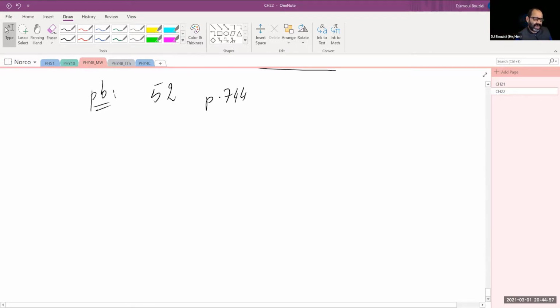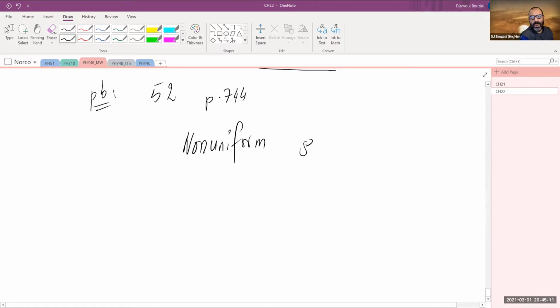Now we need to deal with something that is not a uniform distribution of charge, and this is one of them. That means rho is not constant, or if it's lambda, it's not constant, or if it's sigma, it's not constant. That's what non-uniform means. It's variable, it changes, okay?